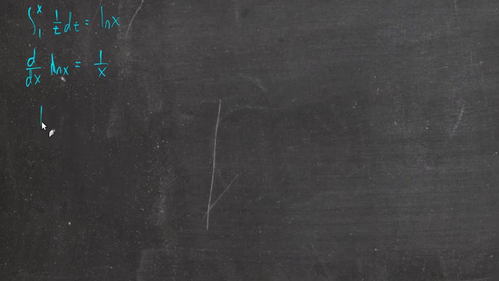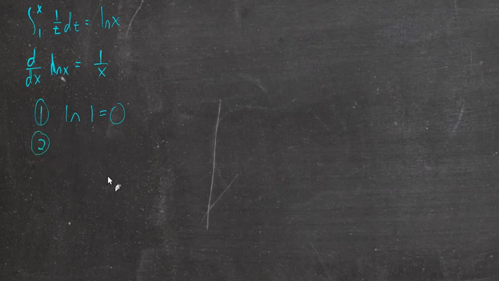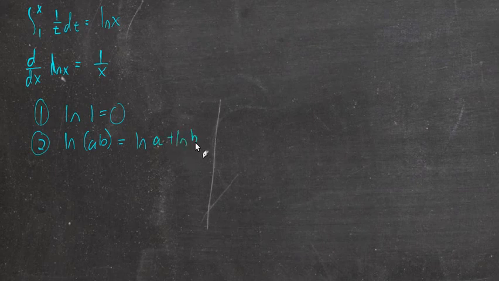The first one being that the natural log of 1 is 0. We already talked about that. The natural log of 1 is 0. Actually, we talked about that in the explanation, so there it is if you skipped it. The natural log of AB is equal to the natural log of A plus the natural log of B. If you want an explanation of that, again, watch a video about natural logs and their properties, and that'll be explained.